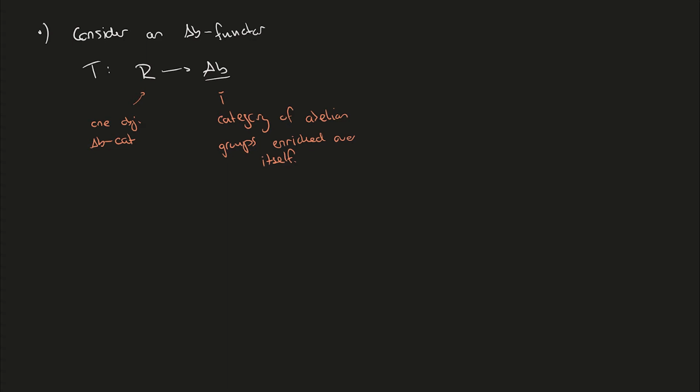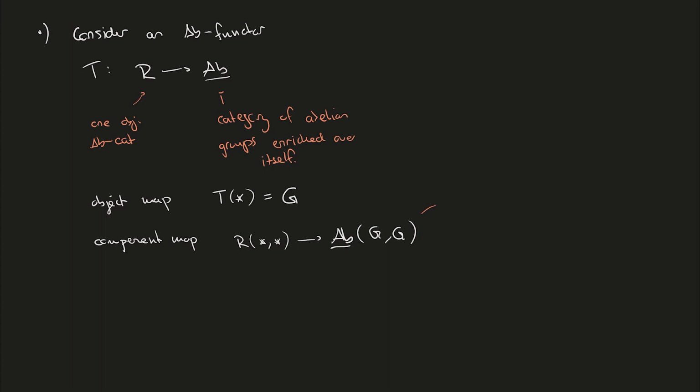Well, T has some object map which will map the single object in R to some abelian group, which I'll call G. Second, we have a single component map going from R star star to the Hom object between G and itself in Ab, which is just its set of endomorphisms.